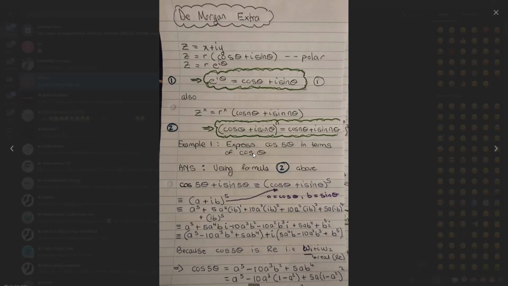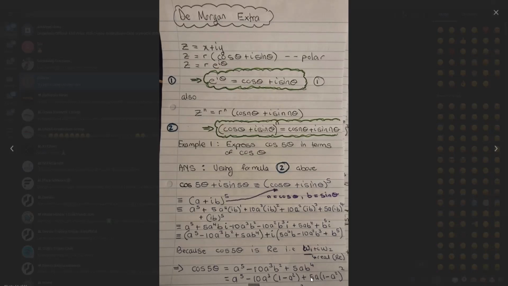We only want this in terms of what? Cosine. The reason why there's a B here, and B, I said, is a sine. So just imagine this thing as sine squared. Sine squared can also be 1 minus cos squared. It's the identity.